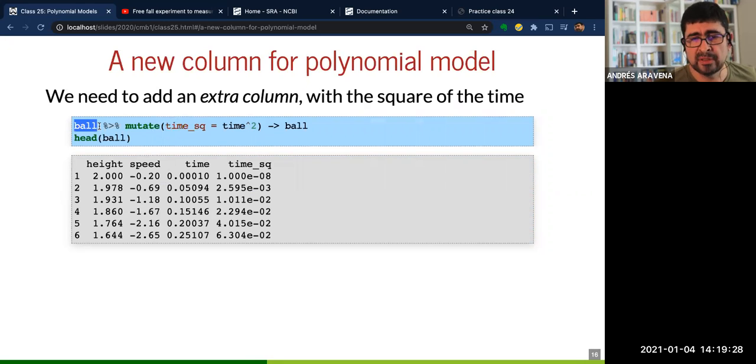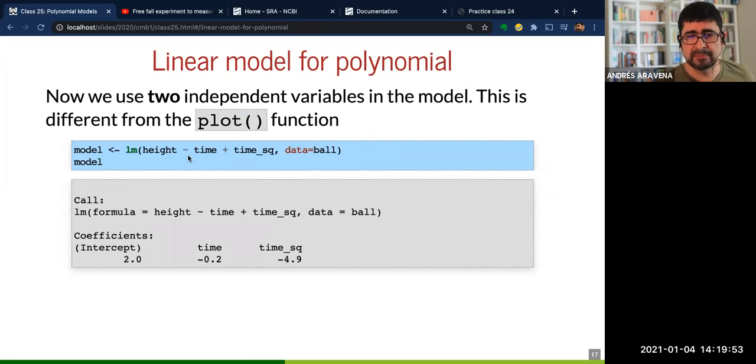Here you see how we do it. My data frame is called ball, and I add a column with mutate. I am adding a column, timesq, that is time squared, and I assign it back to ball again. And now you see that I got this number. Fine. And now we can do the regression like this.